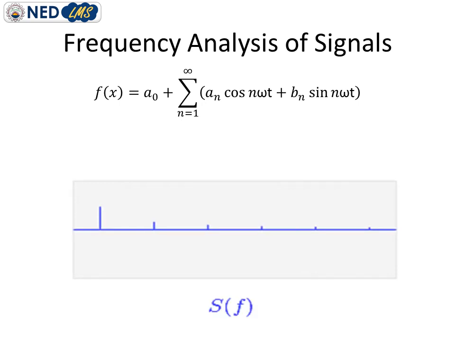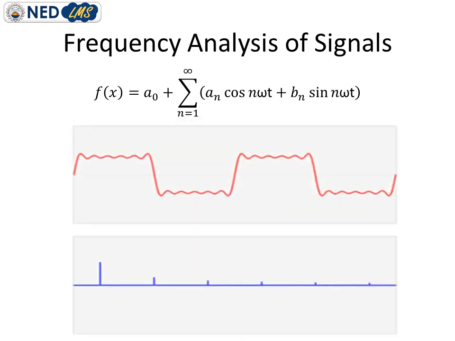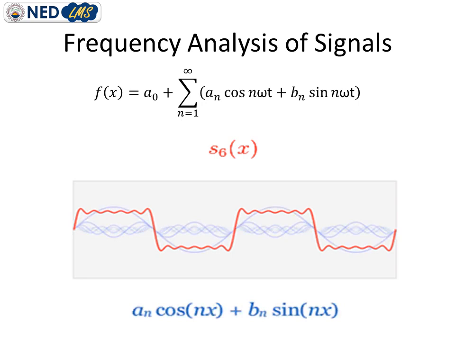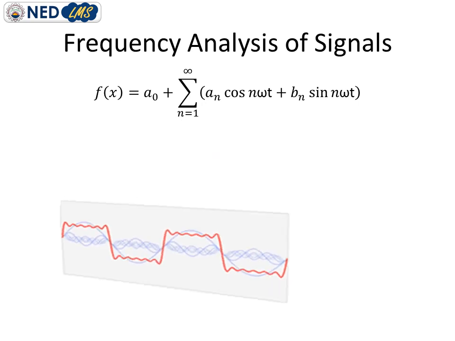By looking at the expression written on the slide, which is basically the synthesis equation of any complicated signal, there are three coefficients, A0, An and Bn, which can be used to analyze the strength of each individual component in any complicated waveform.